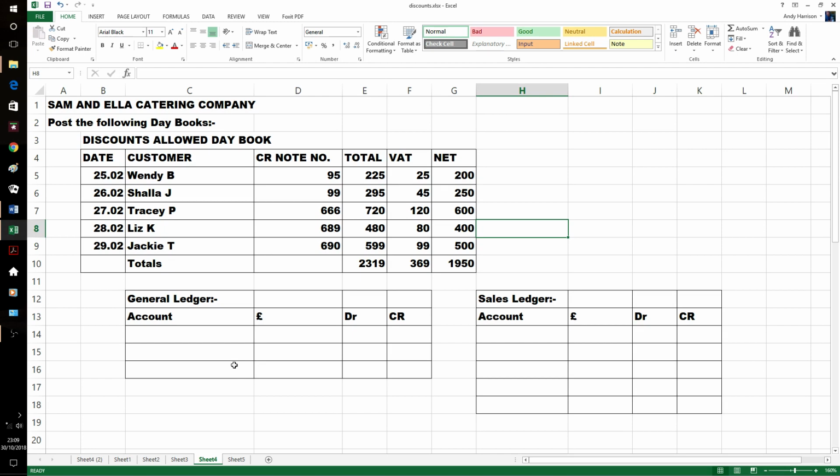So we're going to post these discounts allowed. Well, not surprisingly, discounts allowed. That will be the net, and that will be the debit. Already mentioned that's an expense.